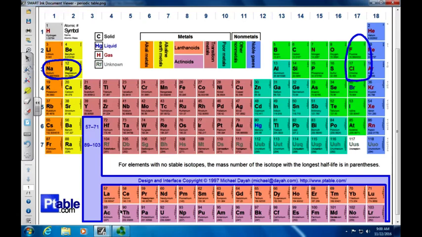Generally speaking, until you get up to higher level chemistry, you're only going to be asked about things that are either in the same period or same group, or close enough that you can make a rational decision based on that.